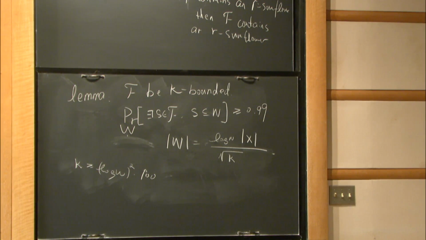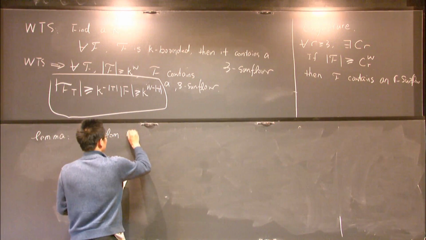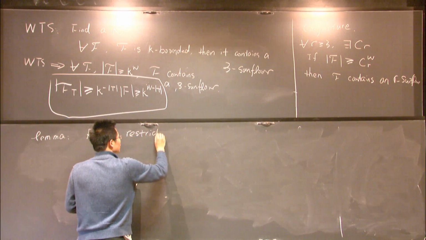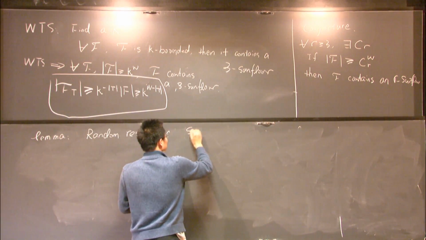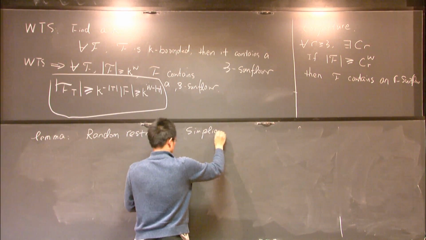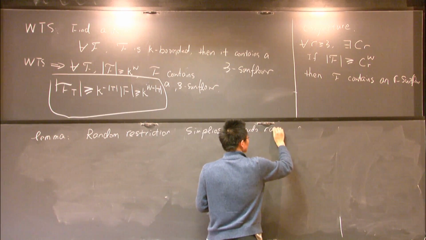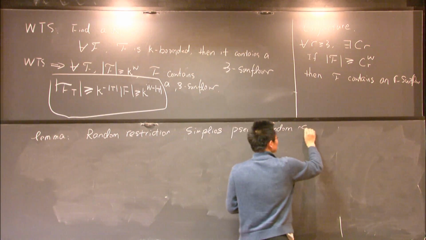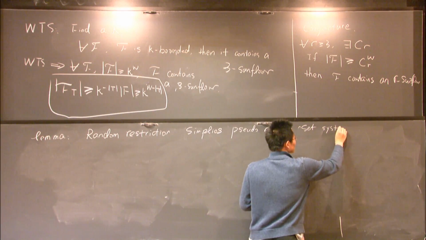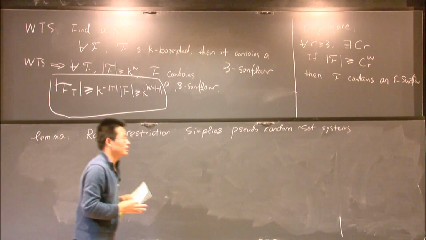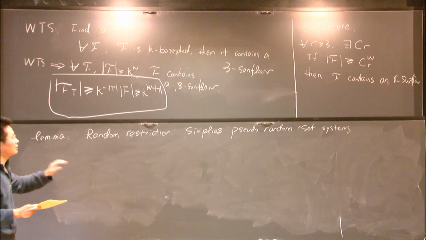Now our main technique. I just want to use one sentence to capture the high-level idea of our lemma. The main lemma is that random restriction simplifies a pseudo-random set system.